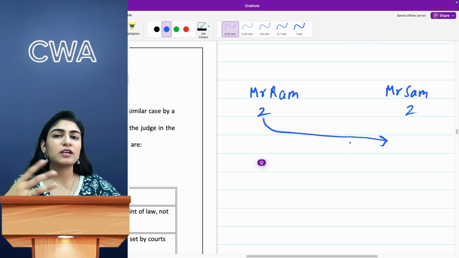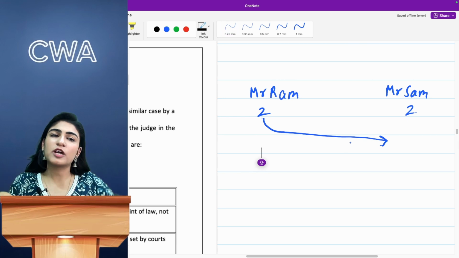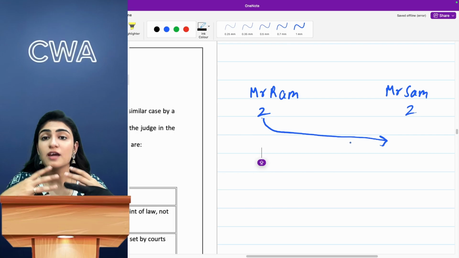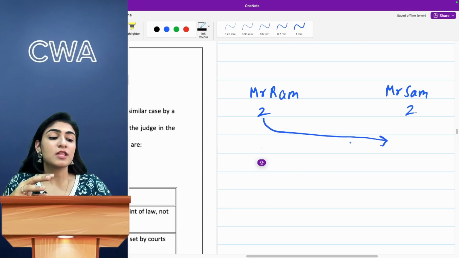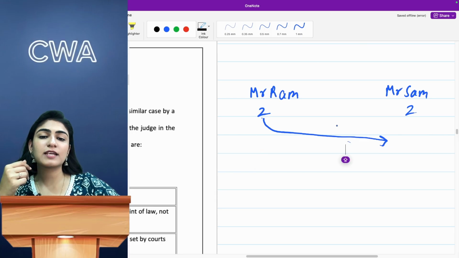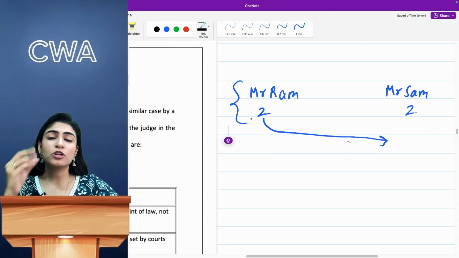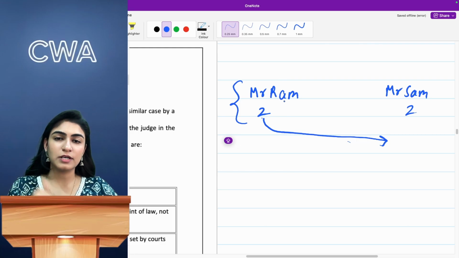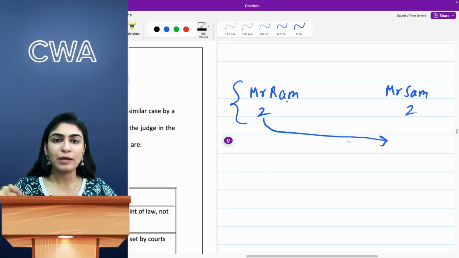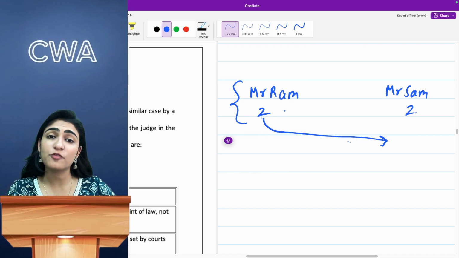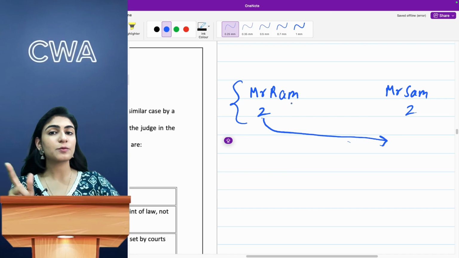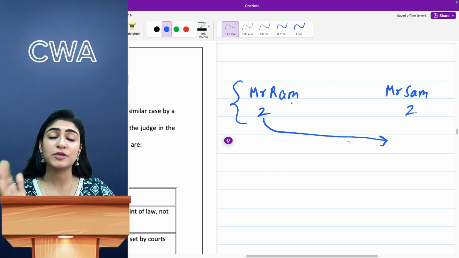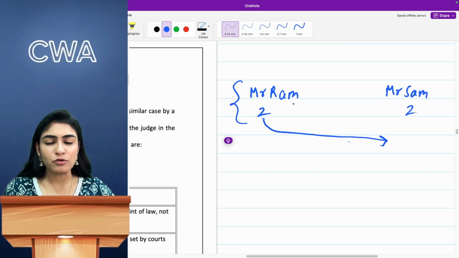Now, we are talking about centuries back, so you cannot say judgment, but the final conclusion that came out of this entire case, or the verdict that came, was that Mr. Ram was supposed to make sure that the cows are tied properly because they are the property of Mr. Ram, and he was supposed to make sure that no damage happens because of the cows.